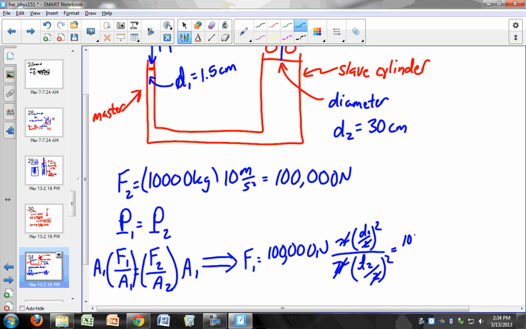That's 100,000 newtons. I can leave these in centimeters because the units cancel out. 1.5 squared over 30 squared. It should give me a much smaller force, and that'll be my answer. 100,000 times 1.5 squared divided by 30 squared.